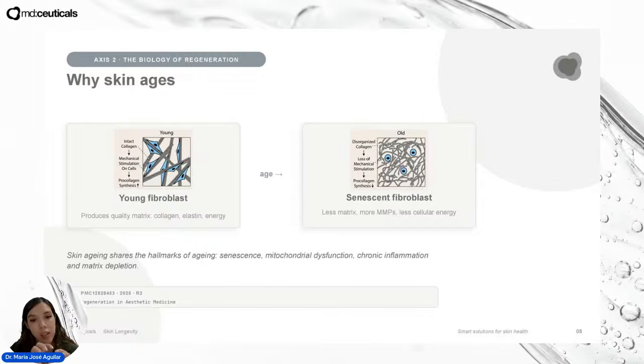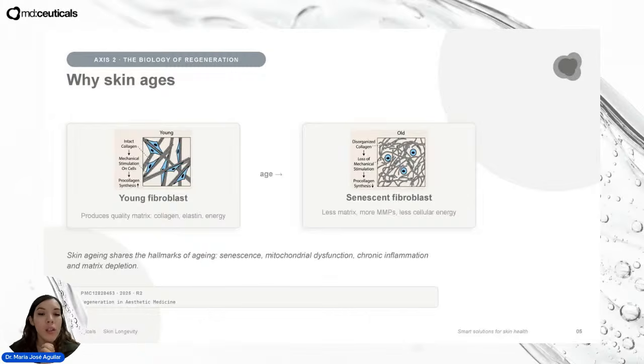When these cells get aged, they start to produce less collagen, more dysregulated collagen. The mechanism of action and stimulation of these cells is going to be poor. So we need to explain this process to the patient, because this is the one that opens the way to explain what a longevity treatment is.